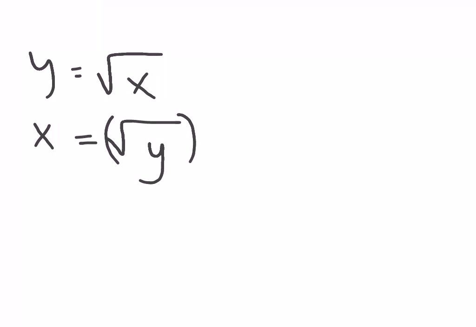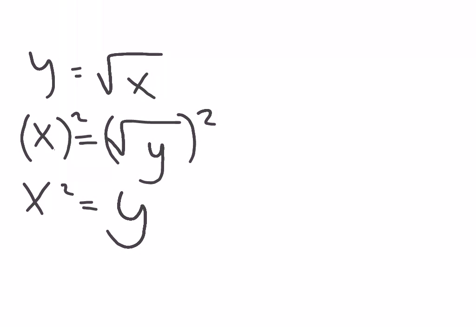Well, I square both sides. So that's exactly what I'm going to do. So I have x squared equals y. Okay, so x squared equals y. That is our inverse relation.